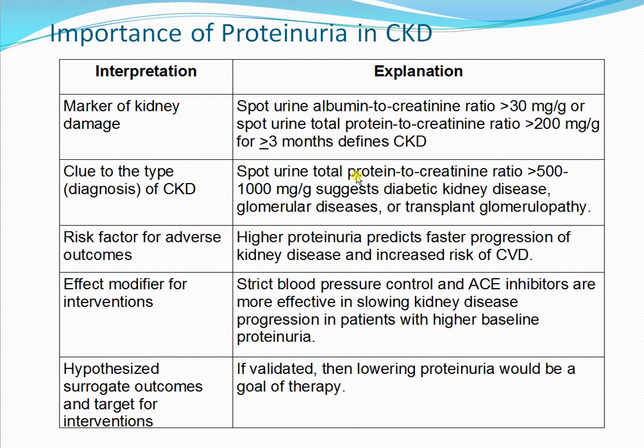Now remember, when I told you about delaying the progression of the disease, what one should be aware of is proteinuria in chronic kidney disease, because this is the one which is going to be causing damage in these patients.